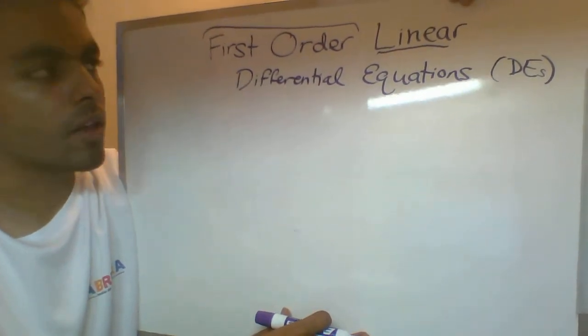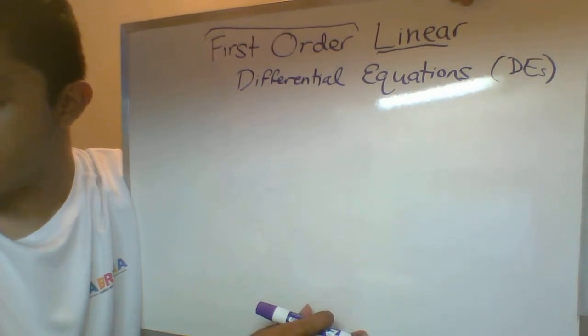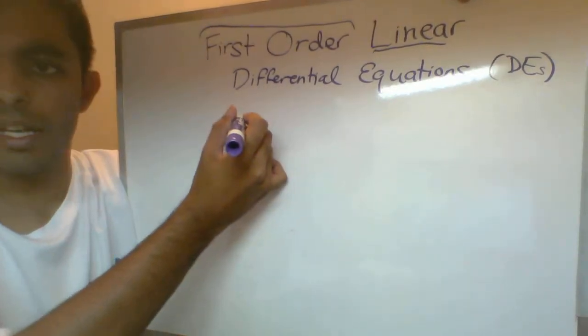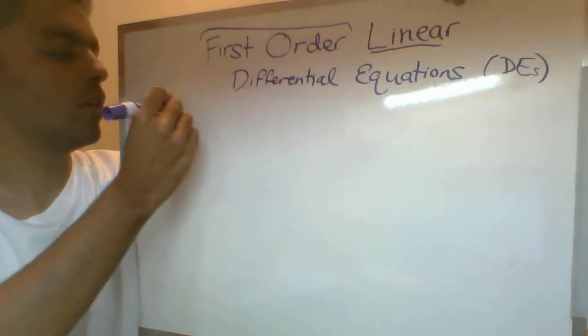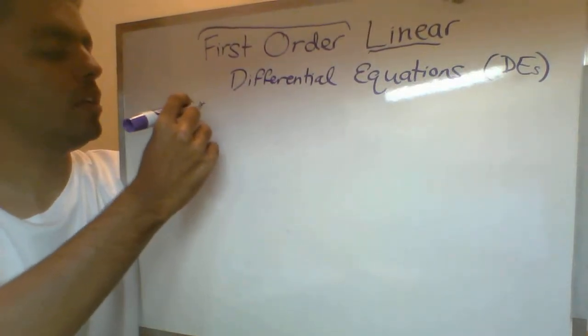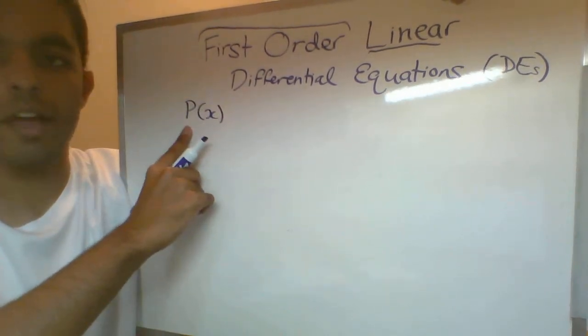So without further ado, this is the form of a first order linear dE, and I've pulled out my notes for this to make sure I don't get it wrong. So p of x. Here p represents a function of x.